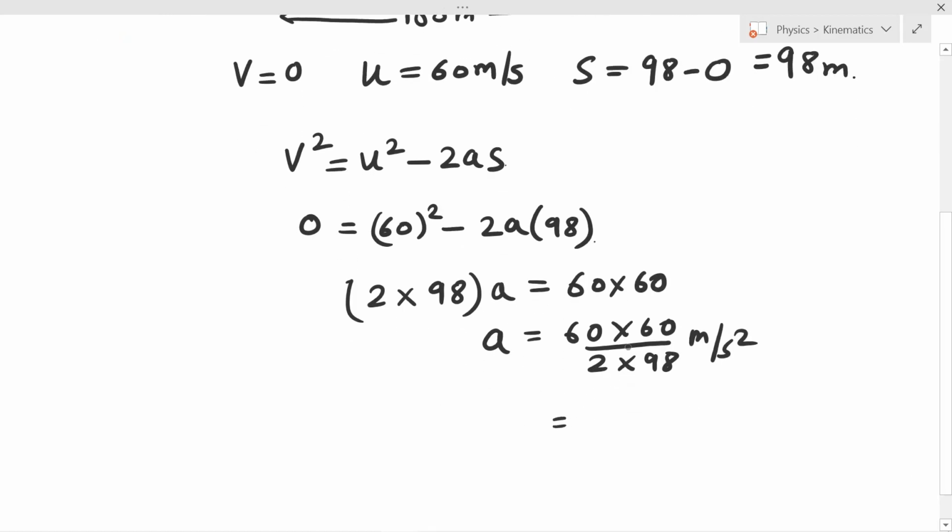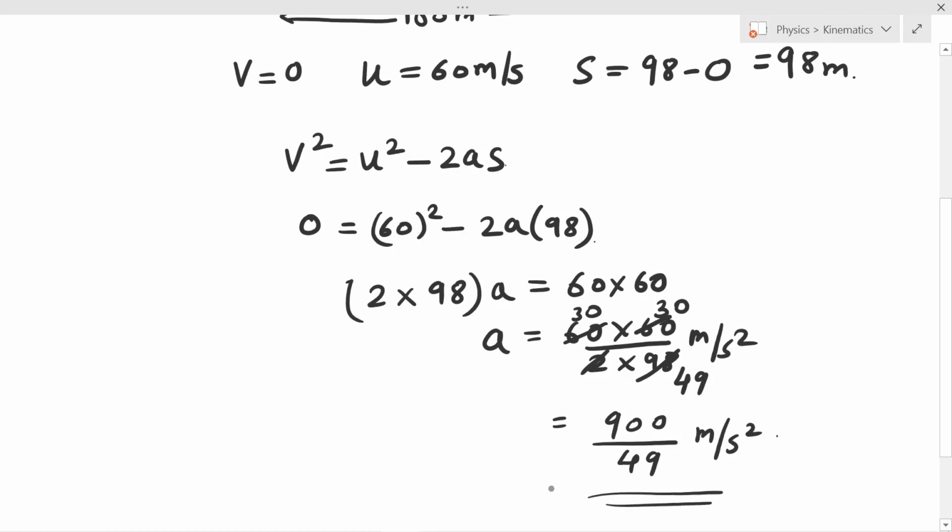If I divide this by 2, I will again divide this by 2. So this is 30, and this is 49, and this is 30 again. So this is 900 divided by 49 meter per second square. This is the answer. Let's do the next problem.